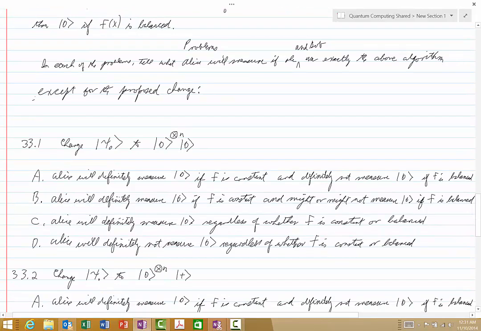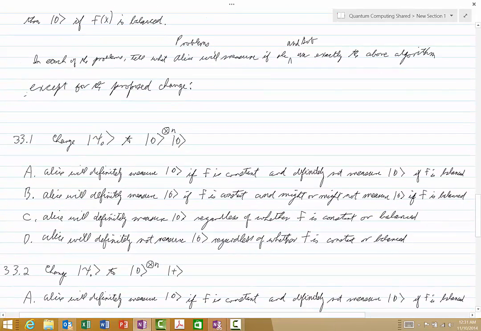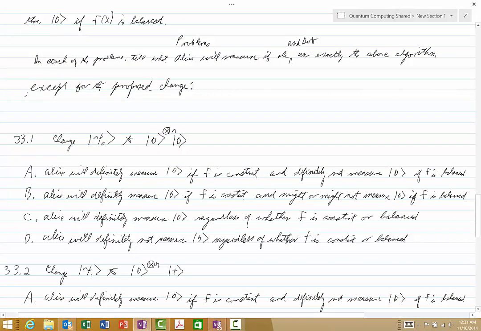If this change, and only this change, were made, with everything else the same, then what would Alice measure when she measures those first n qubits with the standard basis? A: Can we say that she will definitely measure 0 if f is constant, and definitely not measure 0 if f is balanced? B: Can we say Alice will definitely measure 0 if f is constant, and might or might not measure 0 if f is balanced?